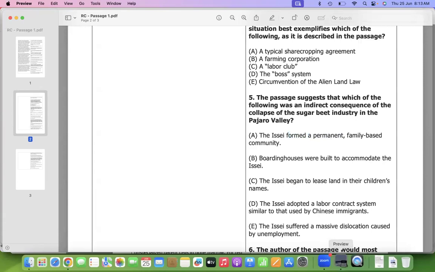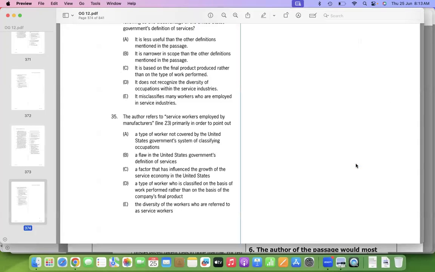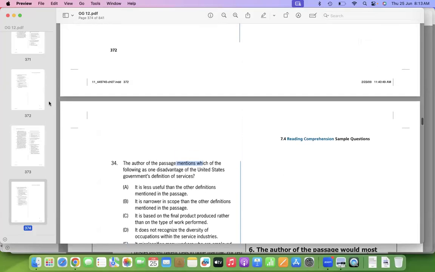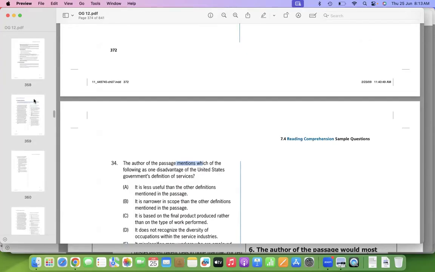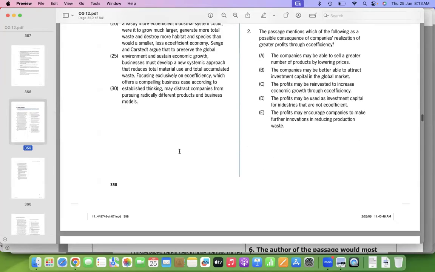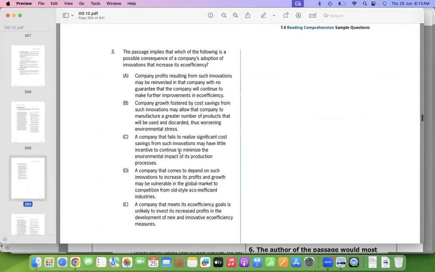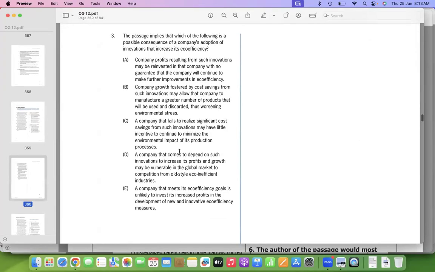Let's try some inference questions now from OJ 12. Let's go to the first passage. We'll do a few inference questions and then I will pick up the homework. So passage 1, please do question number 3.